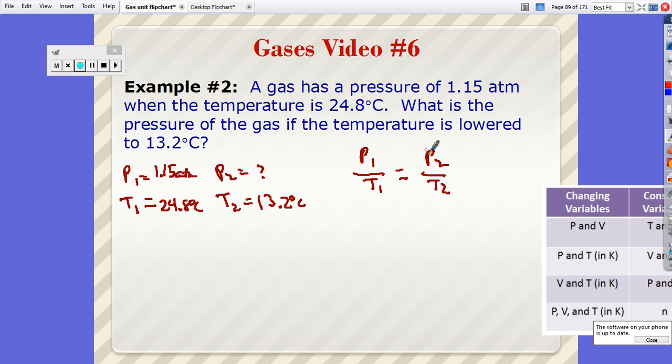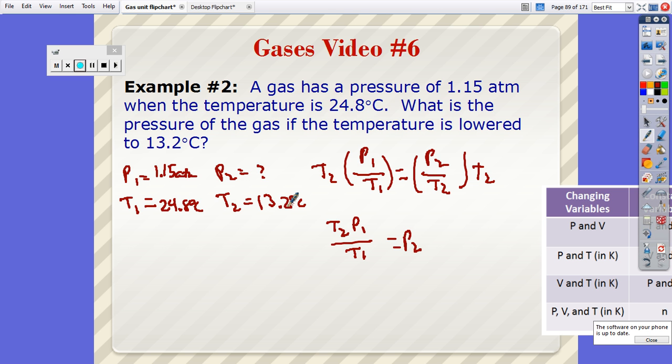Getting P2 by itself, I'm going to multiply both sides by T2, so that what I get now is T2 P1 over T1 equals P2. Let's go ahead and plug it in now.